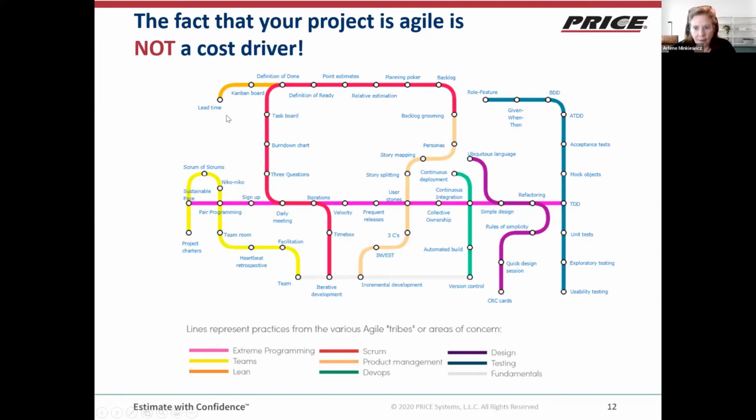There's definitely overlap between the different kinds, but if you tell me your project is Agile, I can't tell you that it's going to take 100,000 hours to complete it. I need more information.